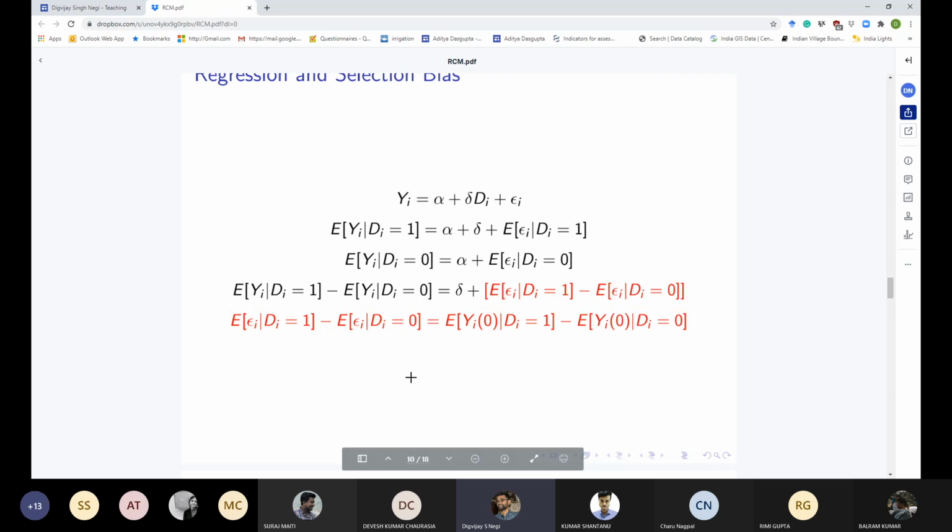This selection bias in this very simple example is this object, and you can't do much about it, at least in this simple framework, because we know this is not observed. We can't compare the behavior of individuals because we don't observe the potential outcome under control for the treated individuals. So what do we do about this?